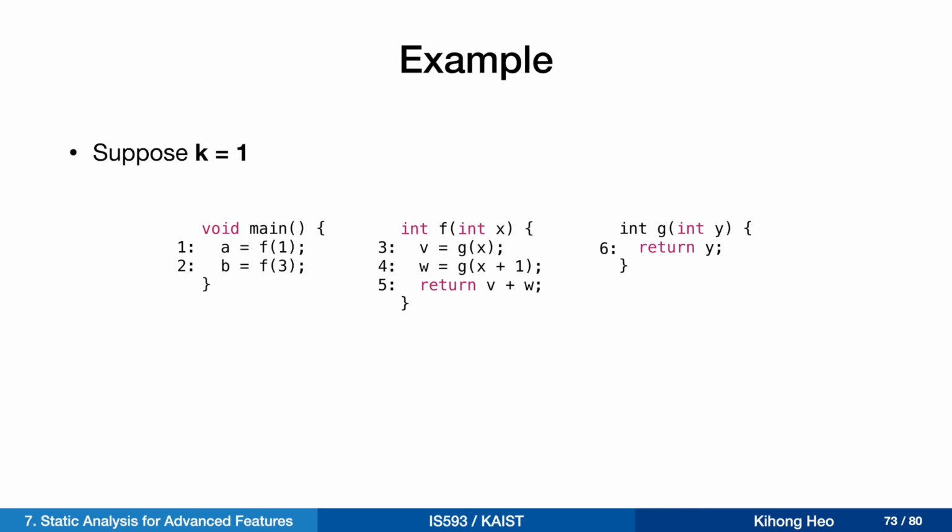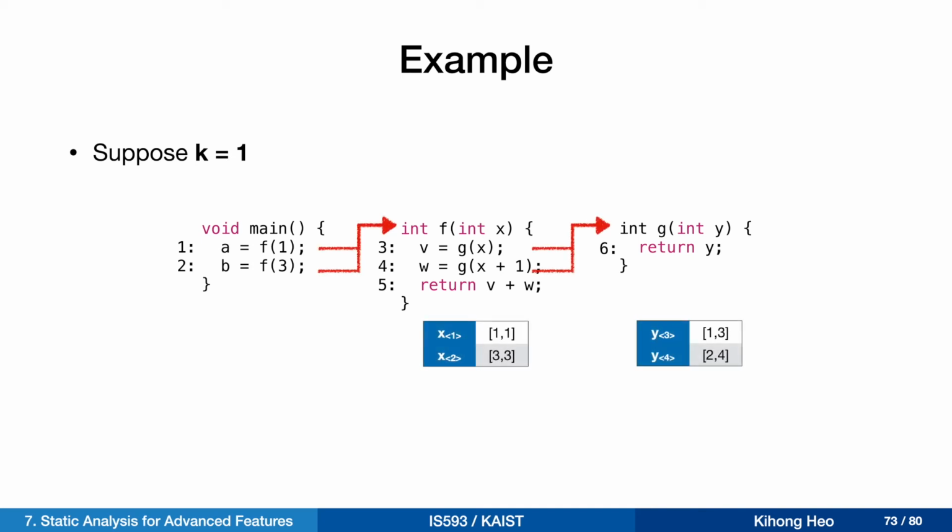Here is the same example as before. So as I mentioned, if k is equal to 1, then the analysis keeps only the last one calling context, right? So let's consider these abstract transitions.